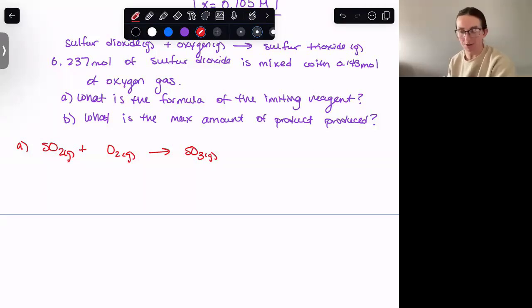So the first thing you need to do is make sure that your equation is balanced. So how are we going to balance our equation? Or what part of our equation is unbalanced?